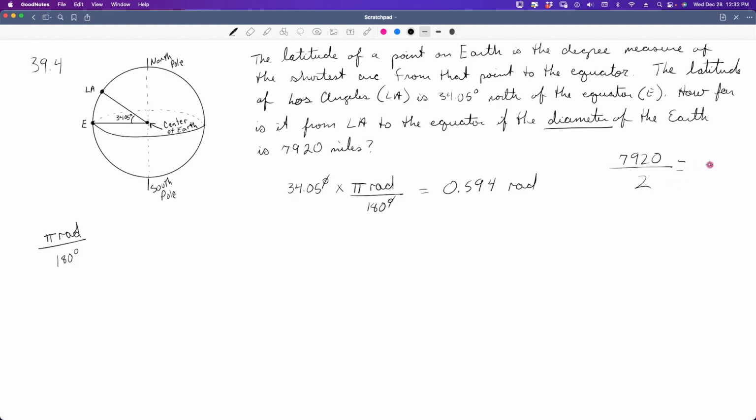That would be 3,960 if we divide that by 2. So we take the radian and multiply it by the value here to get the distance.